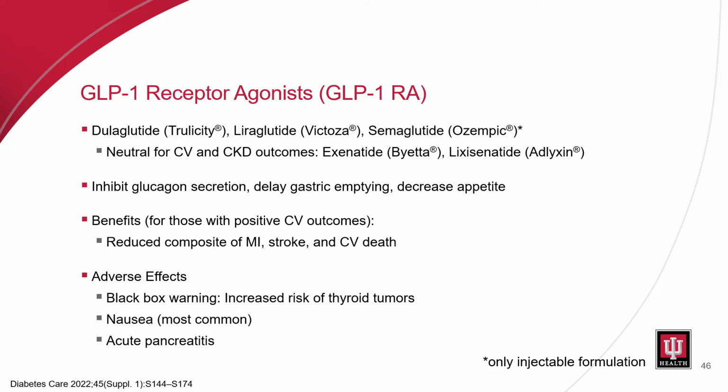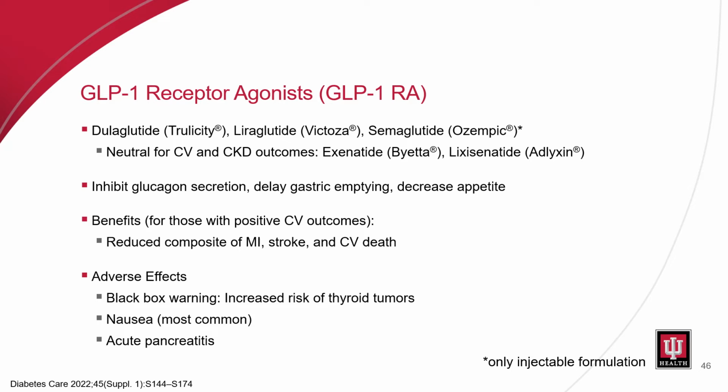The benefit seen for those with positive cardiovascular outcomes is that it reduced the composite of myocardial infarction, stroke, and cardiovascular death. Adverse effects include a black box warning for increased risk of thyroid tumors. So somebody with a history of thyroid cancer often wouldn't be a candidate for GLP-1 receptor agonists.